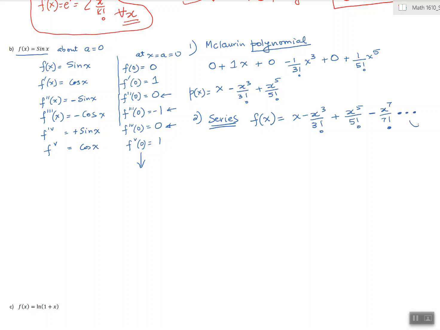So we put these three dots. Now comes the main thing, and that is to be able to write it as a series.